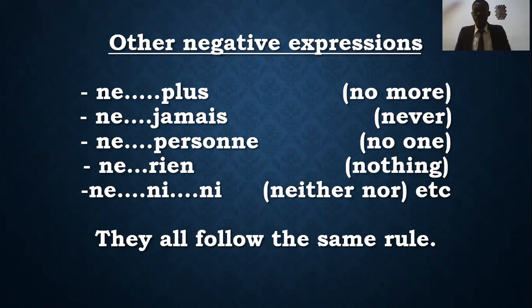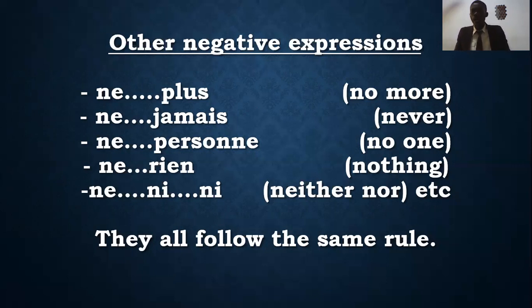So in recapitulation, to construct a negative sentence, first, locate the verb, put ne at one side and pas at the other side. If the verb happens to begin with a vowel or a silent H, ne will not be used, but n apostrophe. That is one. Then in your sentence, you may have un, une, des, that is indefinite article.